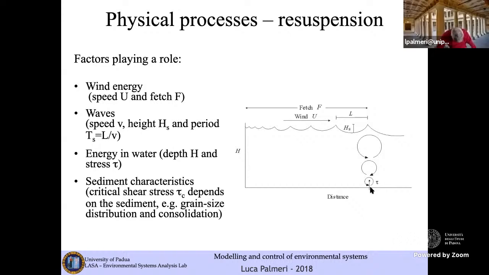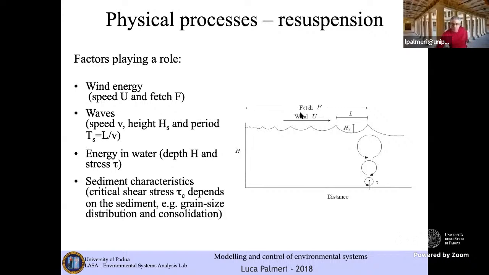This horizontal movement of the water generates a stress, called the shear stress, that we may indicate with tau. A stress is a force. Of course, a horizontal movement of the water generates a vertical shear stress, vertical toward the top.